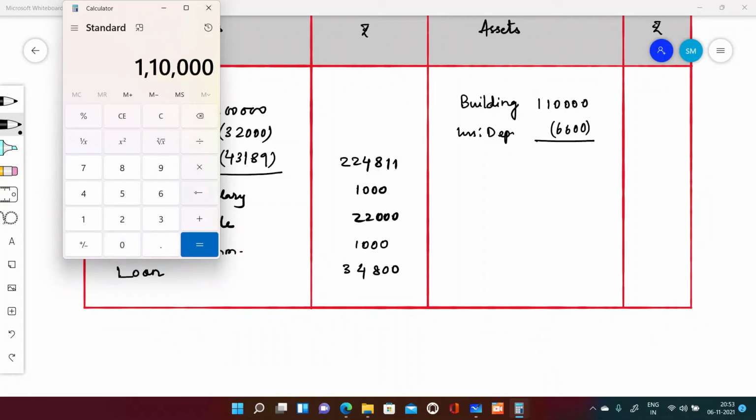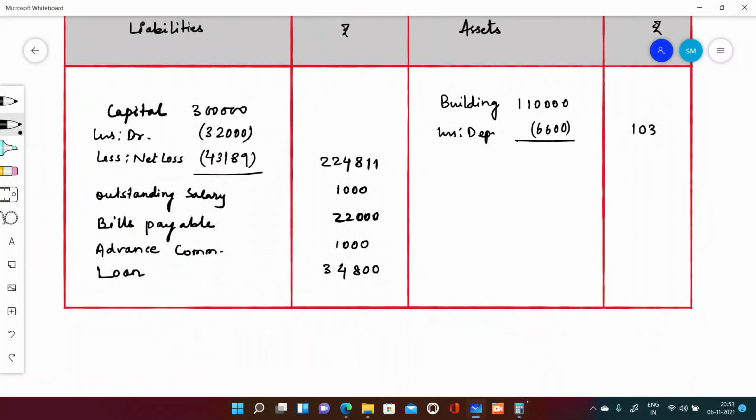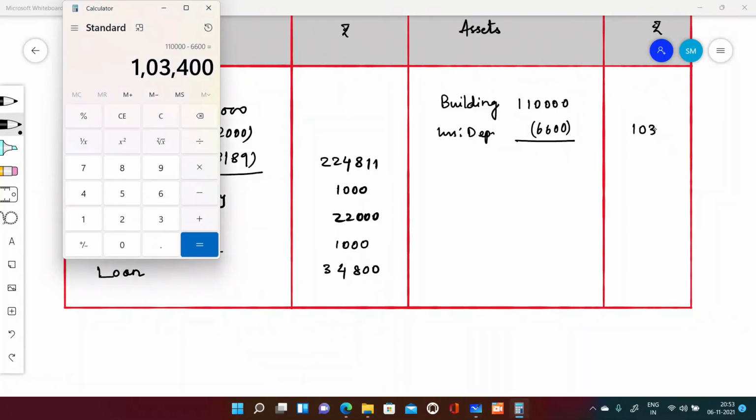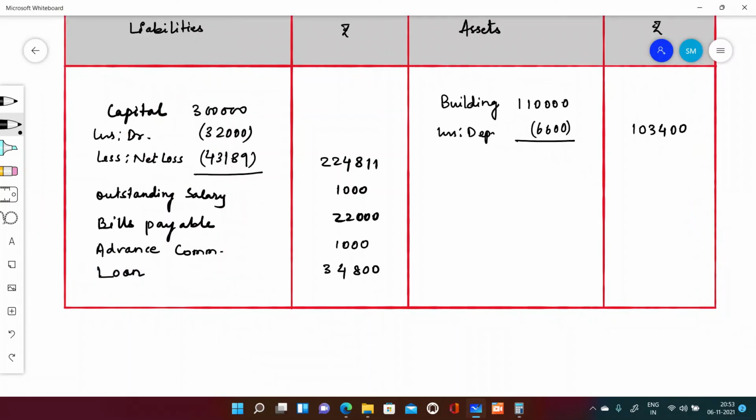So I am getting 1,03,400. So this is the cost of the building that is standing now. Now fixtures and fittings, I'm getting this, how much? 20,000.